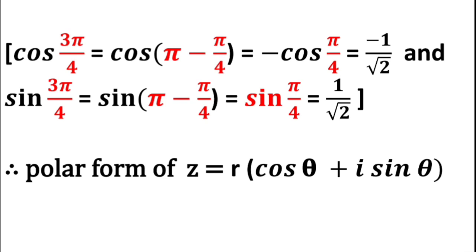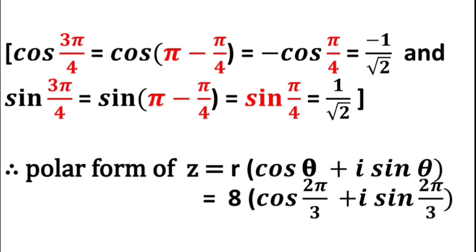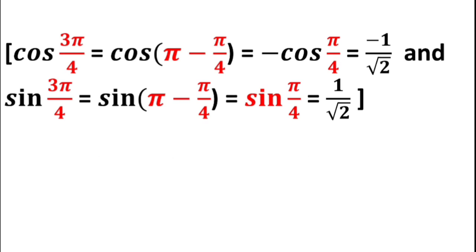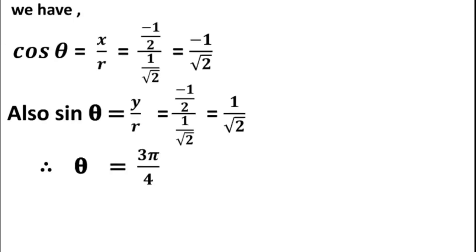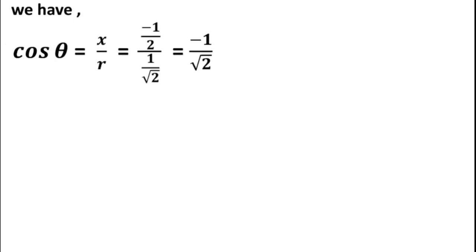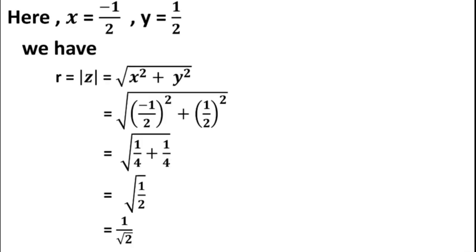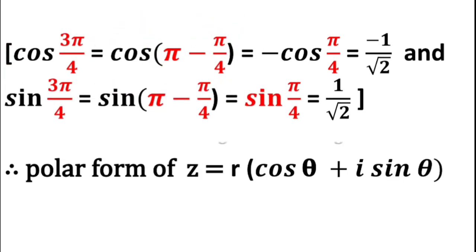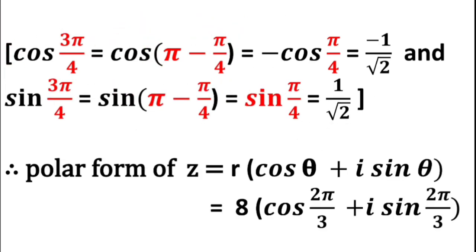Therefore the polar form of the given complex number is r into bracket cos theta plus i sin theta, and you have to substitute the values. What is r? R is 1 upon root 2, not 8.